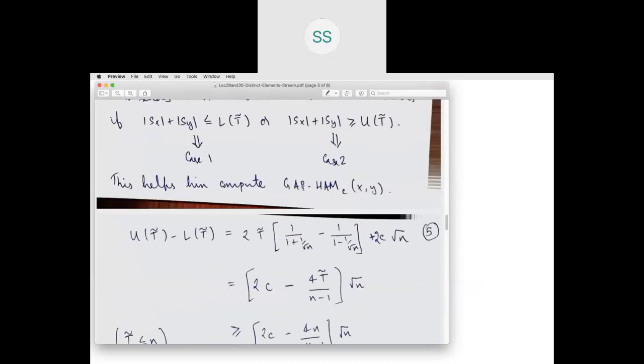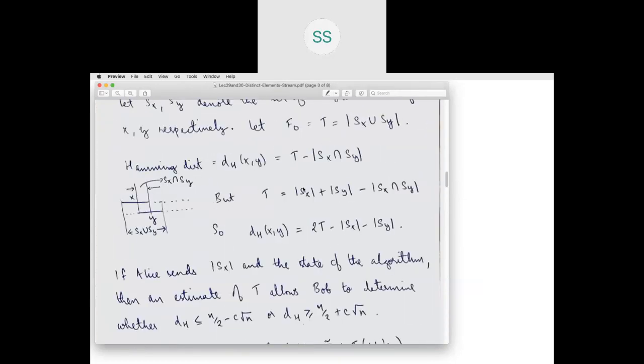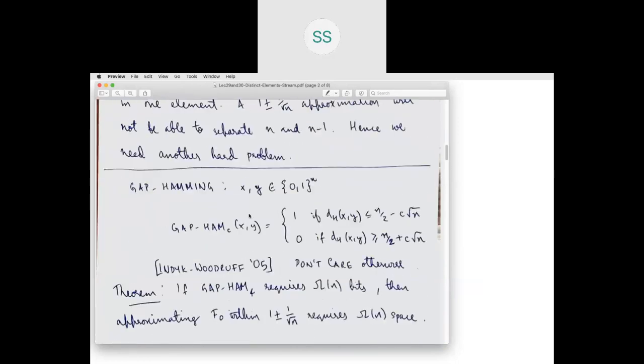Just to recall, the gap Hamming problem, gap Hamming of c, with parameter c, is 1 when the Hamming distance is low and 0 when the Hamming distance is high. What do I mean by low? Low means Hamming distance is less than n by 2 minus c square root n, and high means greater than n by 2 plus c square root n. It's a gap version, or a promise version, of the problem.